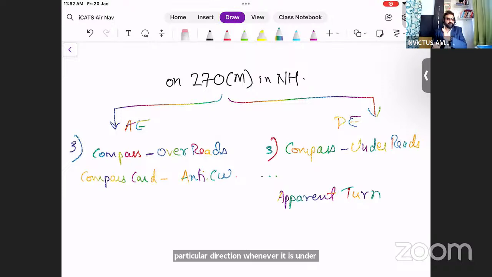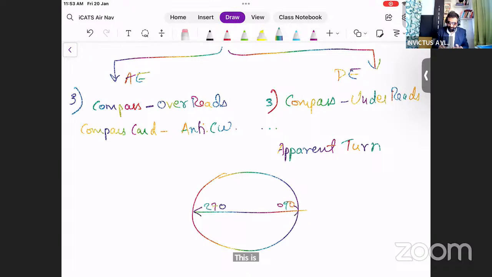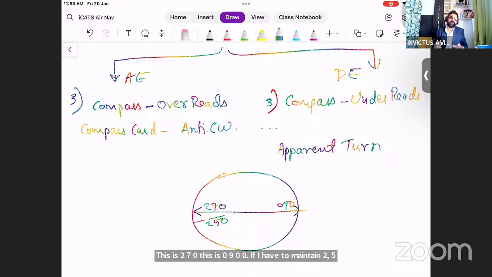Whenever it is underreading, our apparent turn is going towards south. It means going left. Why left, students? Again, this is 270. This is 090. If I have to maintain 250, okay, in deceleration, my compass is underreading. It means if my aircraft is on 250, my actual indication will be lesser. So the choices here would be such that the pilot would seem that my turn is going towards the southern hemisphere or the southern pole.